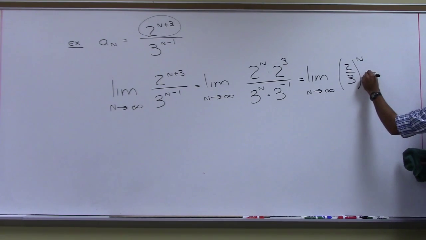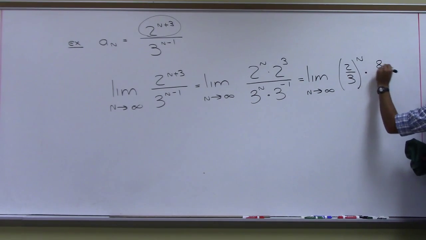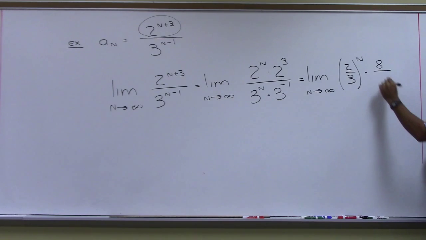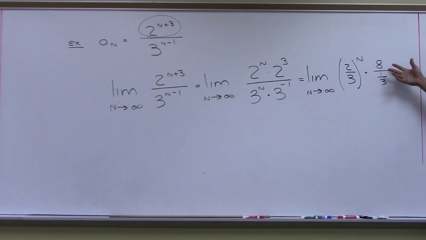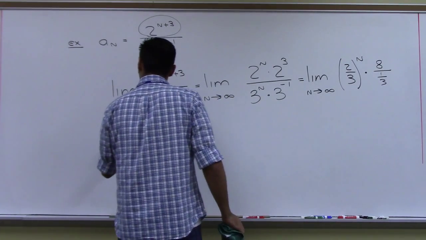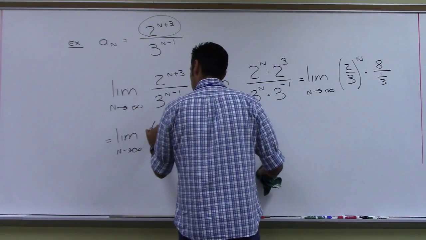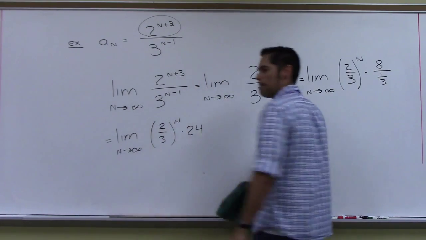And then what about what's out here? 2 to the third is 8, and then what's 3 to the negative 1? Is that 1/3? And then I could flip it, and it would become a 24, wouldn't it? So we're going to get 2/3 to the n times 24.